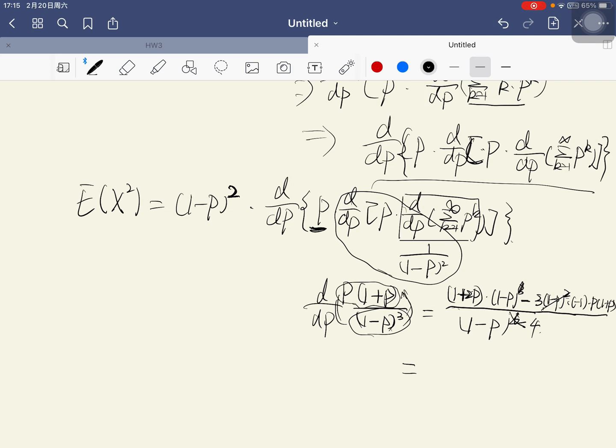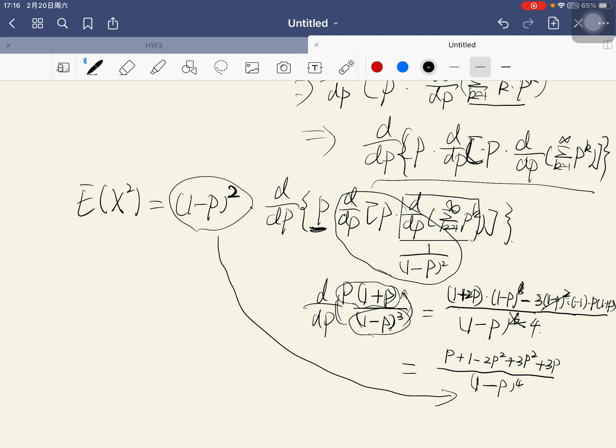p times 1 minus 2p^2 plus 3p^2, and plus 3p over (1-p)^4, and we could eliminate a 2.